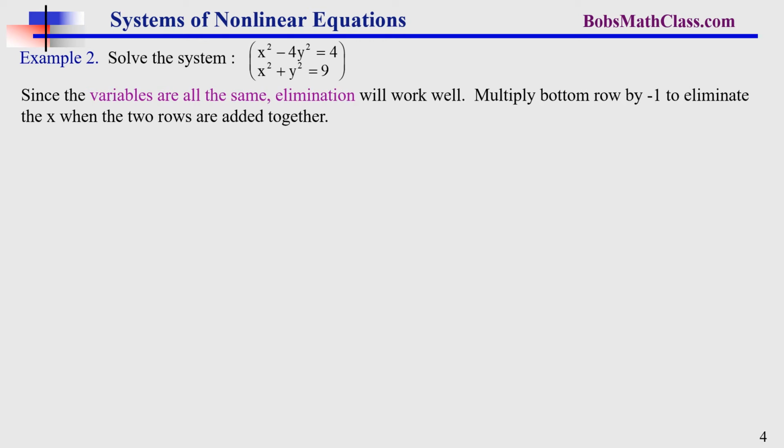We could decide to either get rid of the x's or the y's. In this case, it won't matter. You could eliminate the y's or the x's, just so that our work matches. Let's kind of be on the same page here. Let's eliminate the x's. So we're going to multiply the bottom row by negative 1 and then add the two rows together.